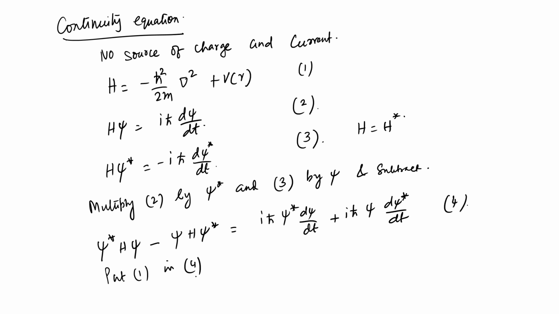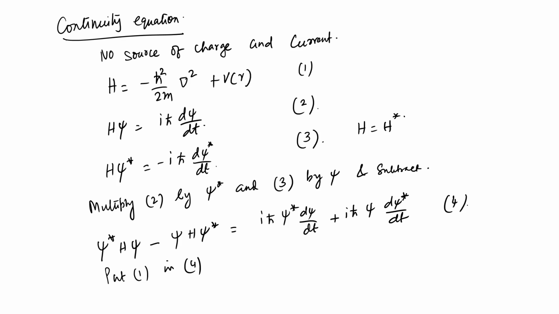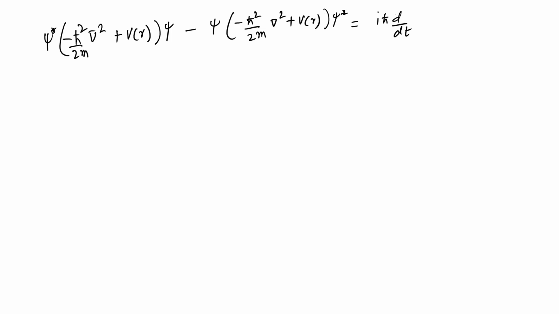Okay. So, put 1 in 4, and then we have psi star times minus h cross square by 2m del square plus V of r acting on psi, minus psi times minus h cross square over 2m del square plus V of r acting on psi star, and then we have i h cross d dt of psi star psi.